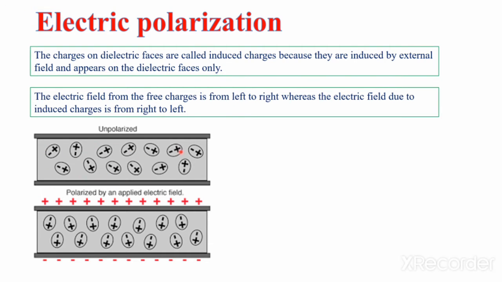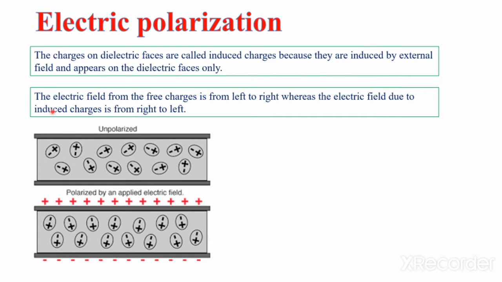It is oriented in random directions. But when we place the dielectric material between the plates of a charged capacitor, positive and negative charges of the dielectric material are oriented and aligned in the direction of the applied electric field of the capacitor.